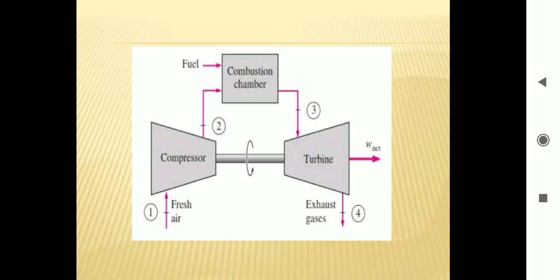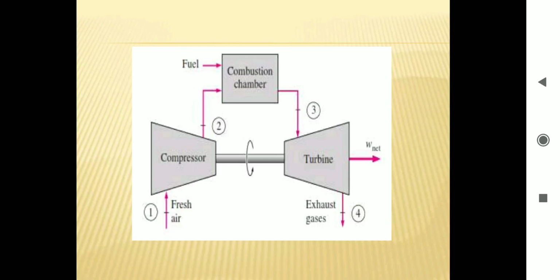So in this cycle, first air enters the compressor, and after compressing this air, we send it into the combustion chamber, where we are adding fuel. After the air and fuel are combined, combustion takes place, and due to this combustion hot gases are produced.